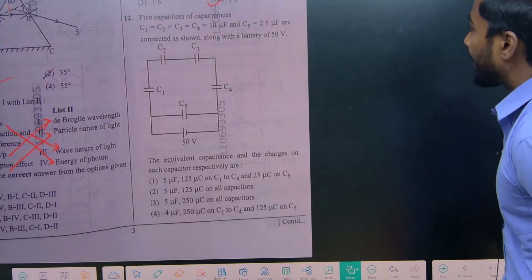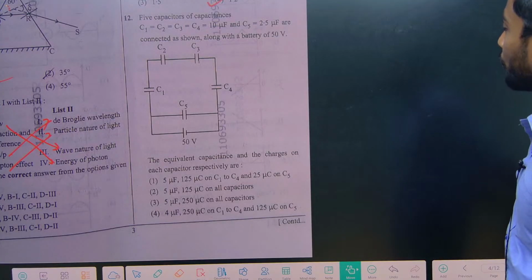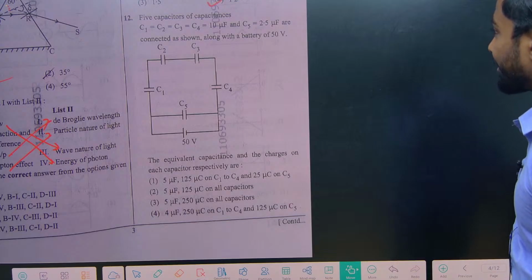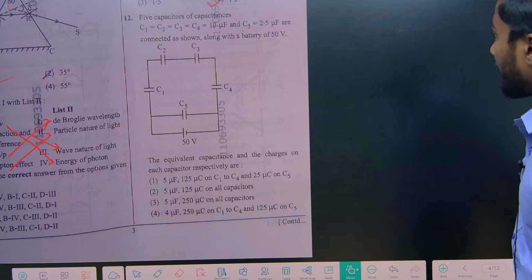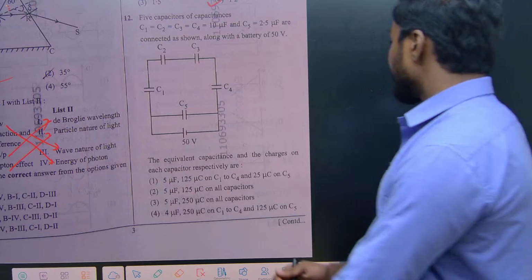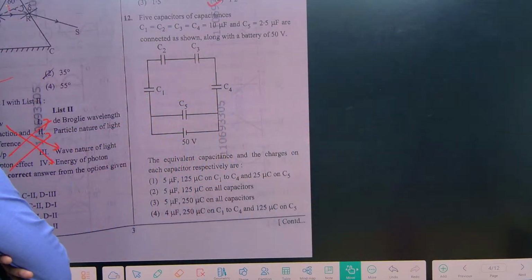So 5 capacitors of capacitance C1, C2, C3, C4 equal to 10 microfarad and C5 equal to 2.5 microfarad are connected as shown in the figure, along with a 50 volt battery. The question asks for the equivalent capacitance and the charge on each capacitor respectively.